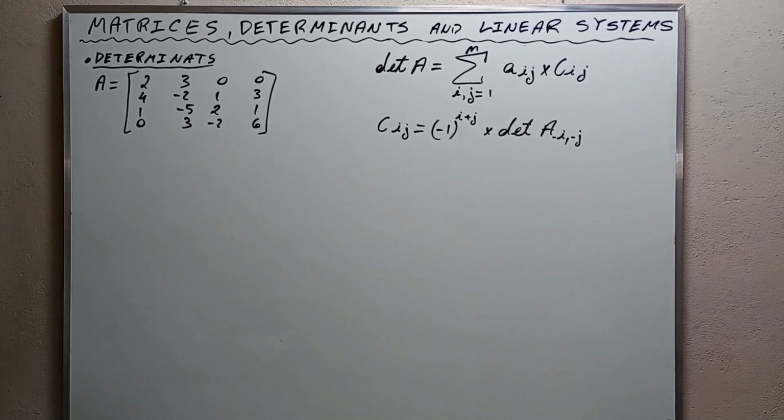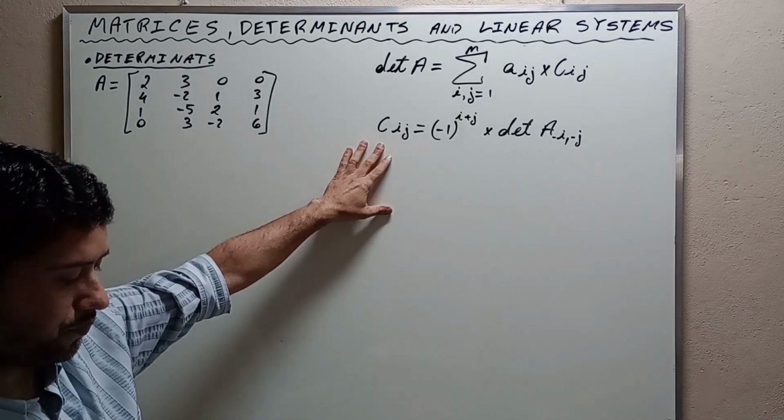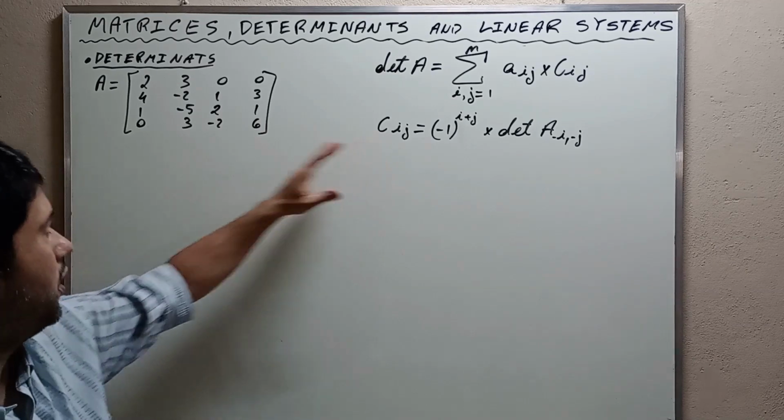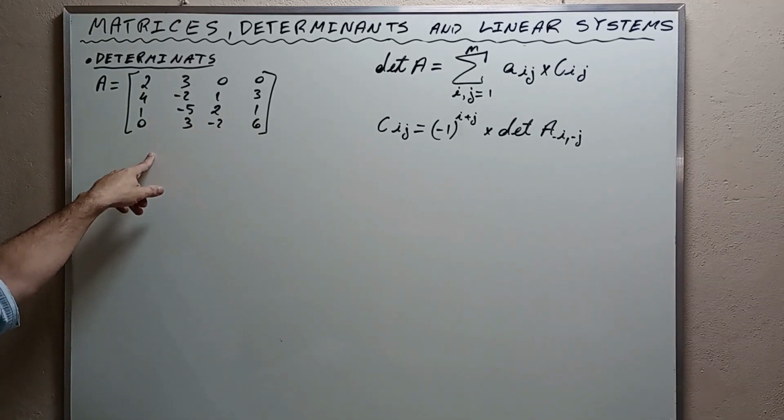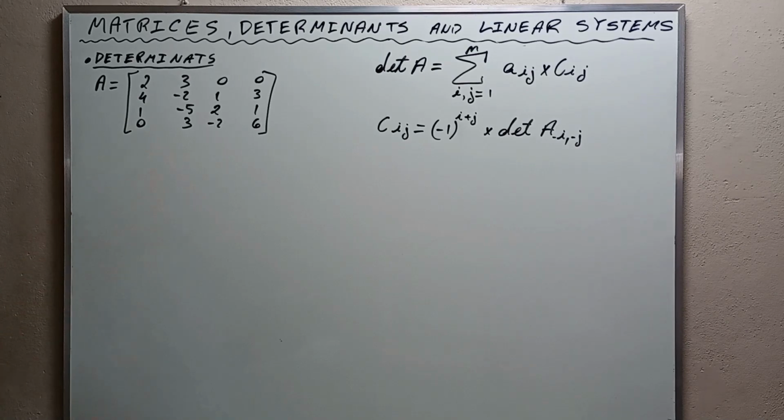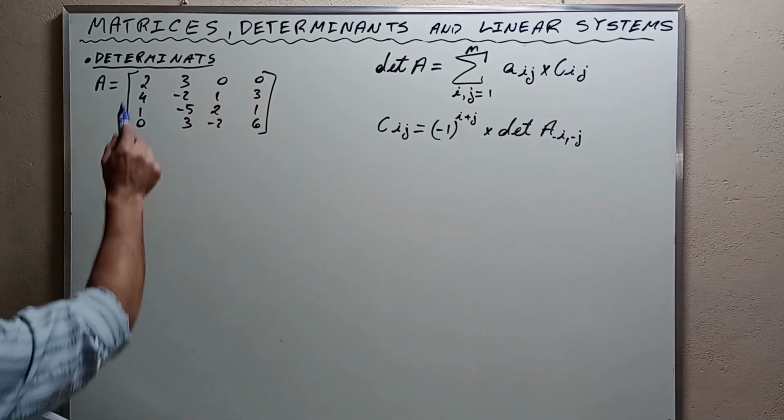We are going to use the cofactor to calculate the determinant of this matrix. The formula allows us to choose any row or column as our guide, but it is advisable to use the row or column with the most zeros. As row 1 has 2 zeros, we are going to use row 1 as our guide.